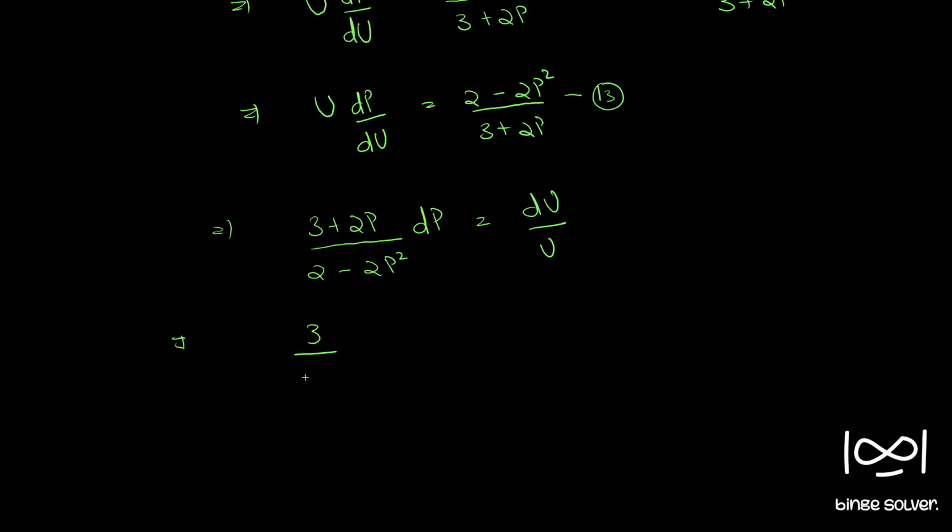We'll take 1 by 2 outside first. So this becomes 3 plus 2p by 1 minus p square dp equal to du by u.